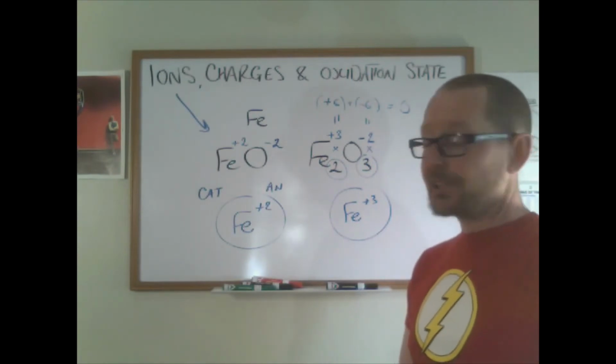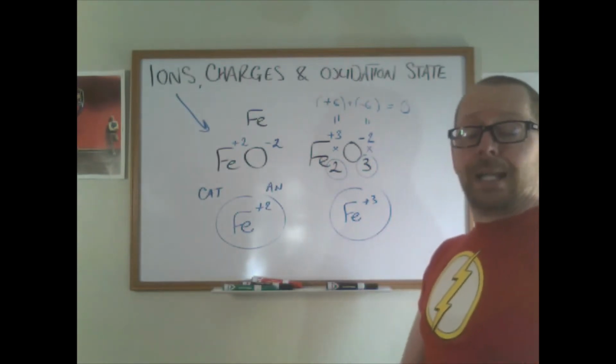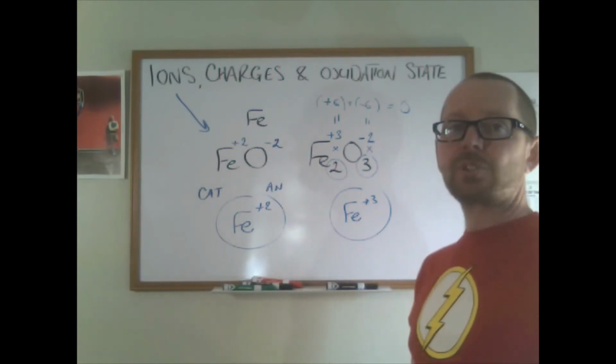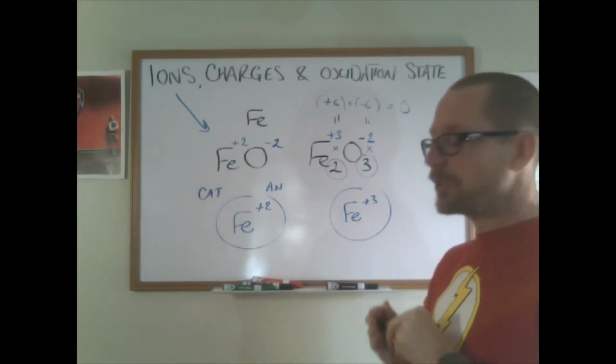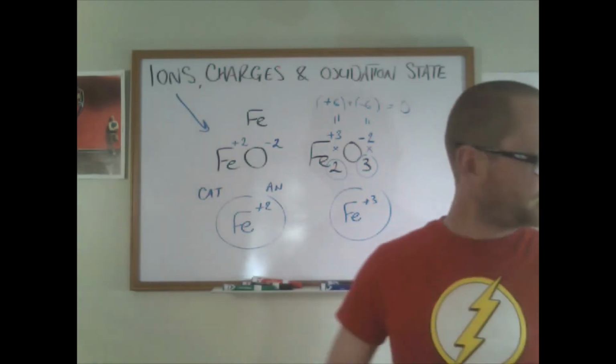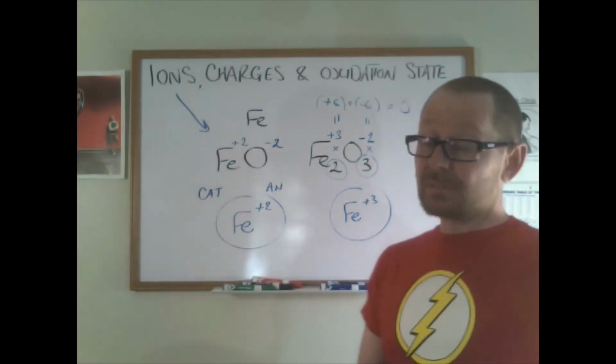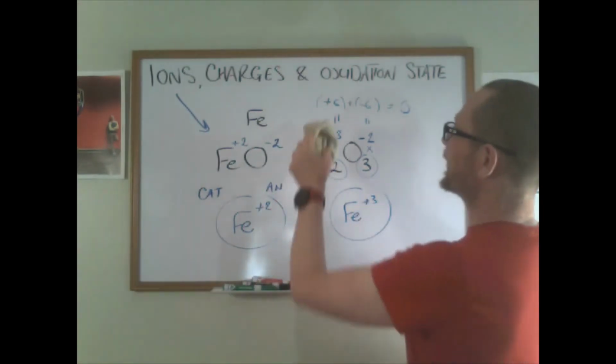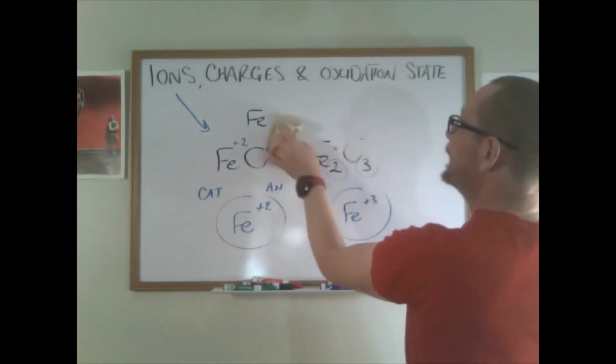Last bit on oxidation states is certain elements on the periodic table take almost dedicated oxidation states. Now, there's a lot wrong with oxidation states in a very real sense, right?